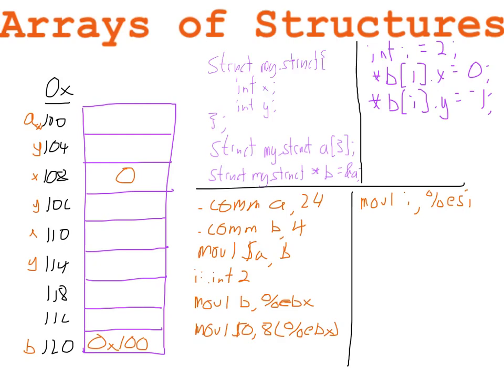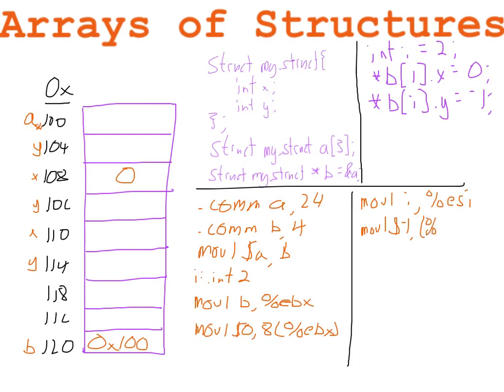Okay, so now we have our base in a register, we have our index in a register. Now we're ready to perform base indexed addressing to do this very last line here. We want to move the value -1 into position I of our structure array at sub-element y. So movl $-1, and then here comes our base indexed addressing.